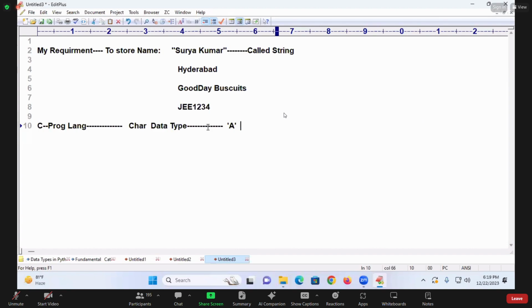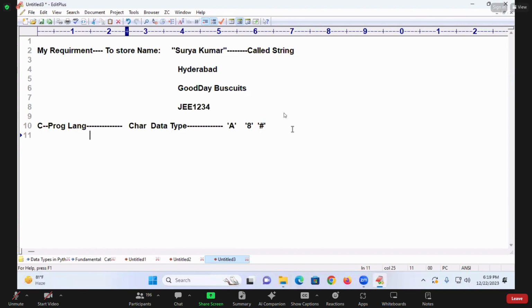You can also say something like 9 within single quotes. That is also called a character. If you take a special symbol within single quotes, that is also a character. What is a character? Any single value enclosed within single quotes is called a character.